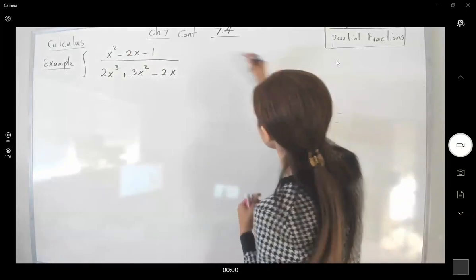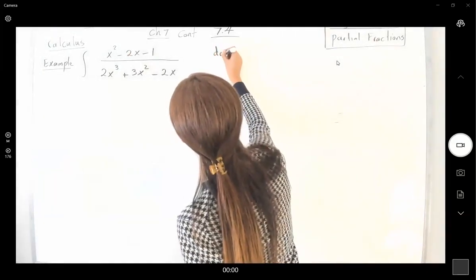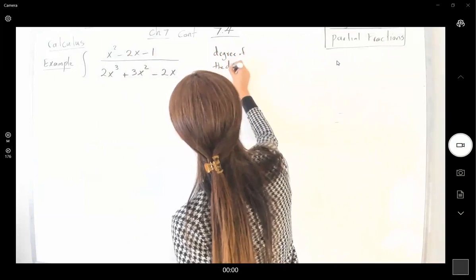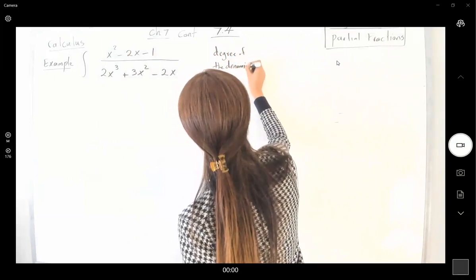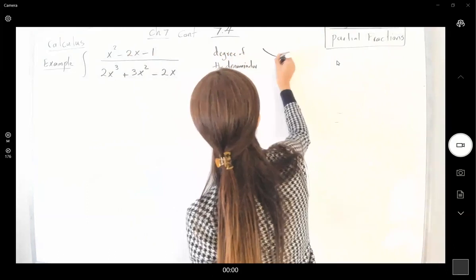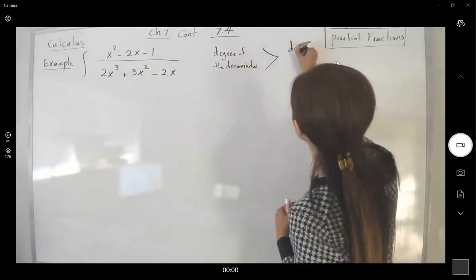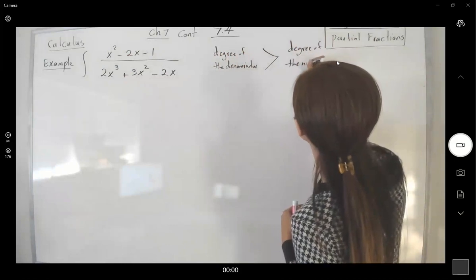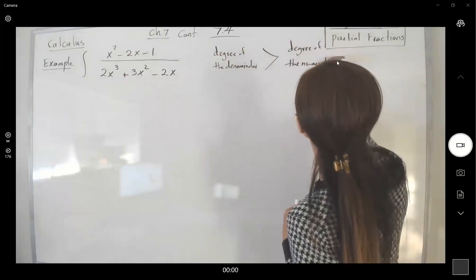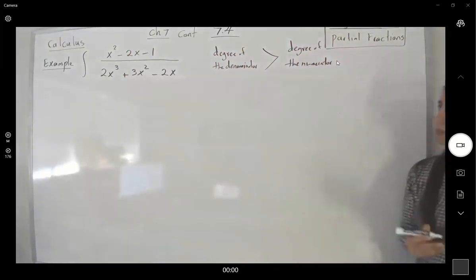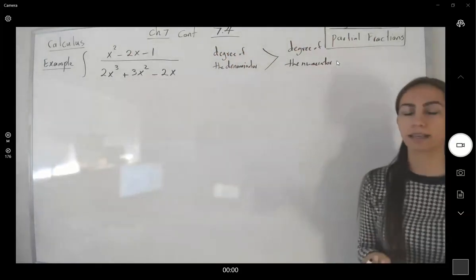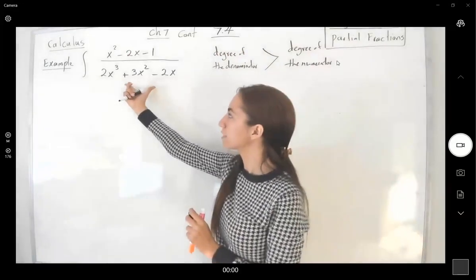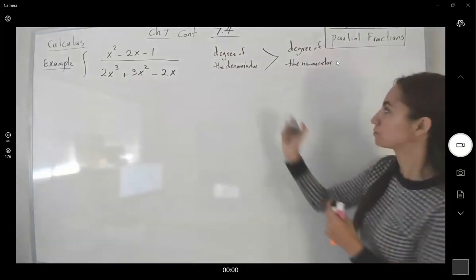So we can say that the degree of the denominator is larger than the degree of the numerator. When it comes to cases like this, we need to factor out the denominator.